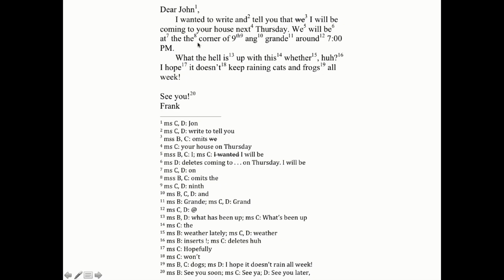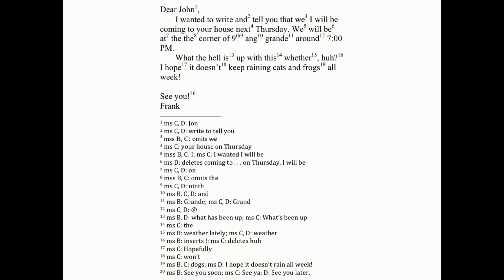So they corrected John to Jon. I wanted to write, and if you look here at the 2, you come down, manuscripts C and D wrote "write to tell you," as opposed to "and tell you that." So a little syntactical change took place.